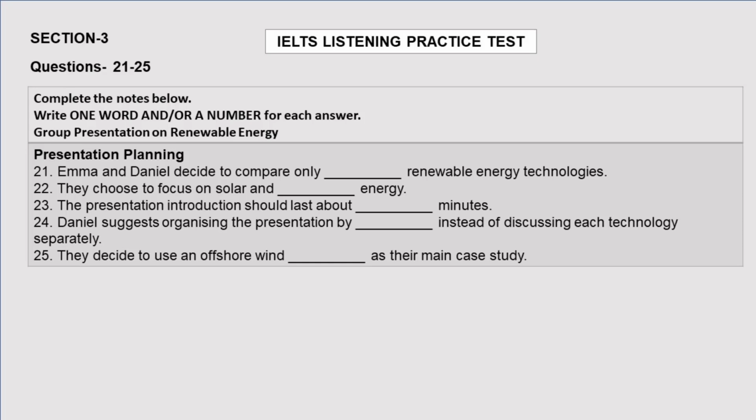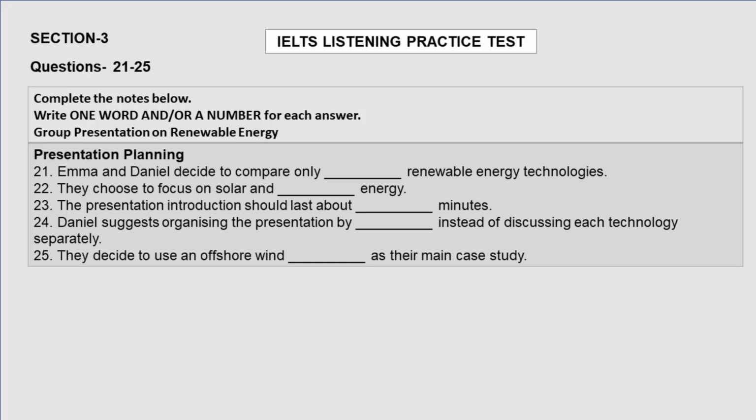Another thing we need to decide is whether to include a case study. We collected information about a university campus that recently installed solar panels, but we also found an interesting report about an offshore wind project. I think one detailed example is probably enough. The offshore wind project includes more recent data and gives us clearer statistics to discuss, so I'd choose that one.